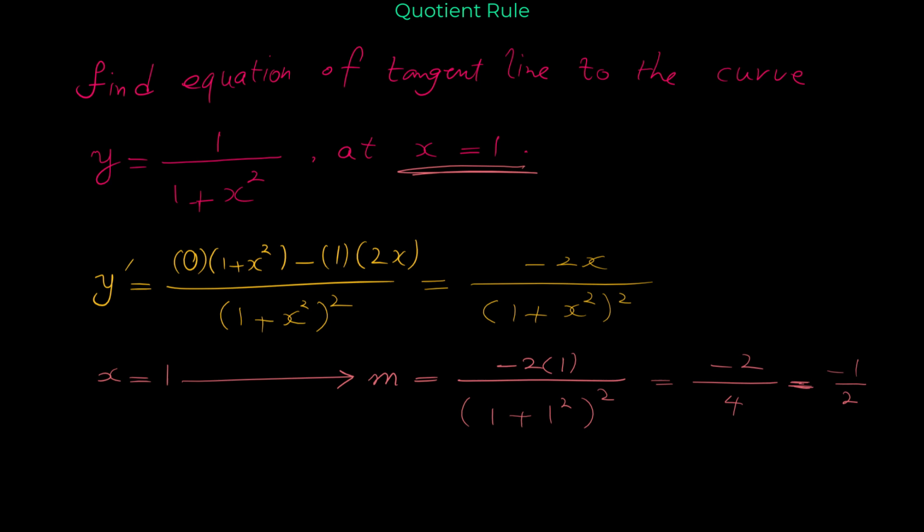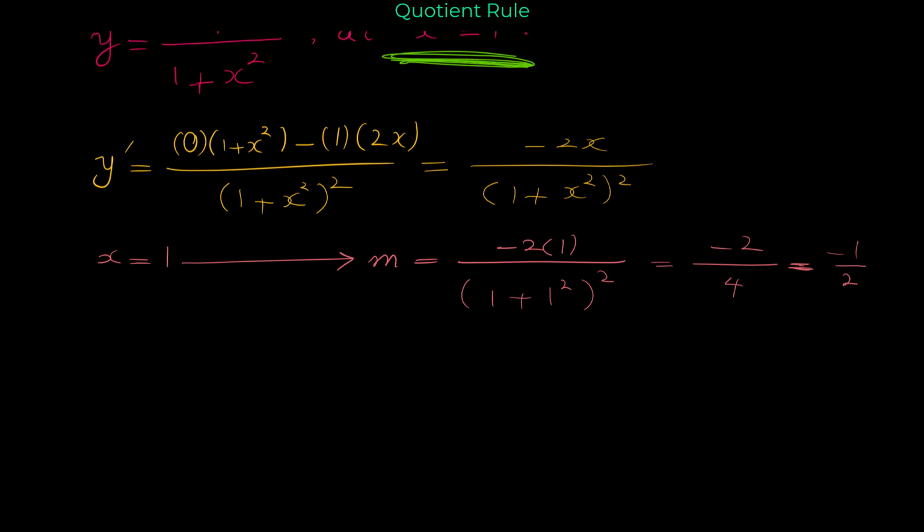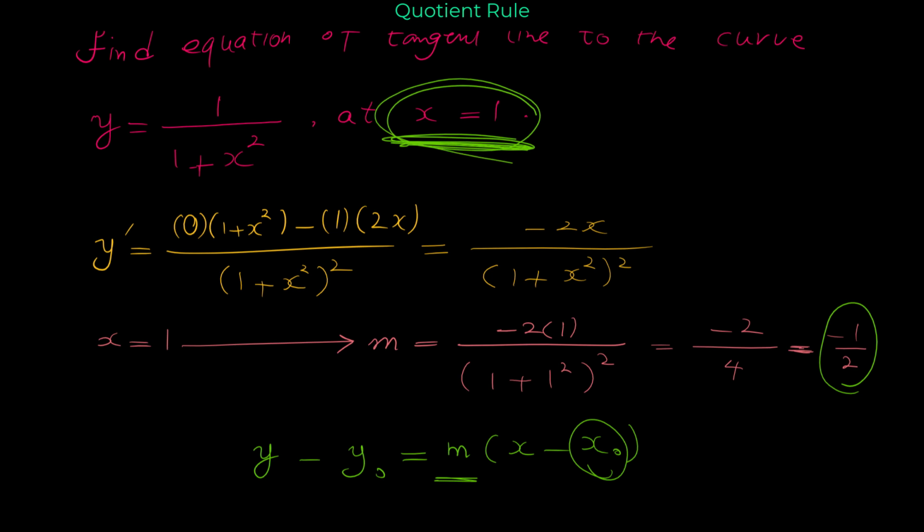Now that we have the slope of the tangent line, we can write the equation of the tangent line. But we need one more thing. We have the x coordinate of the point of the tangency. But if you remember the equation of a line in general, usually we use this for writing equation of tangent line. A slope is negative 1/2. X sub 0 is given, 1. But we need the y value corresponding to this x.